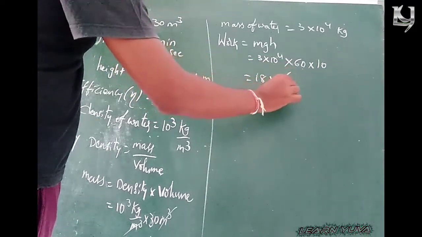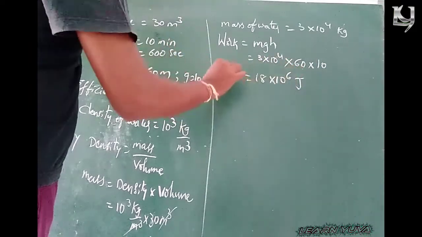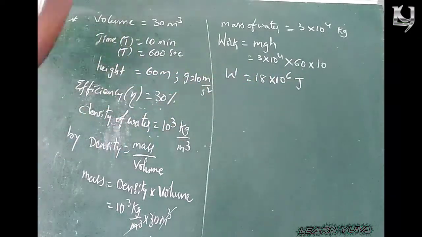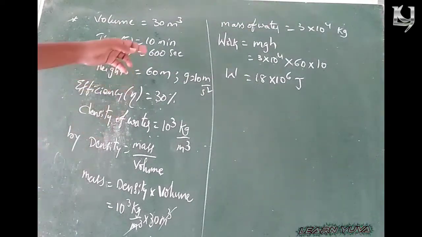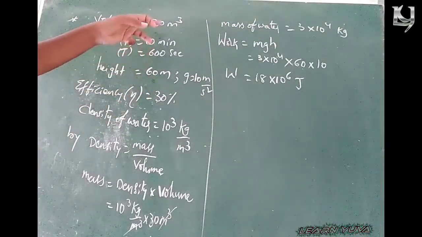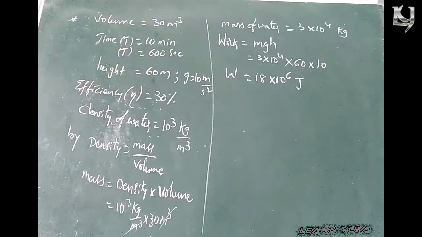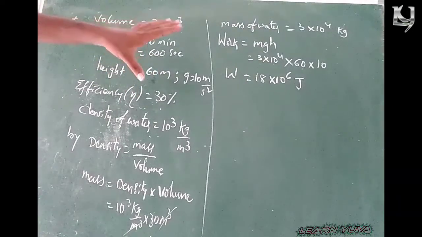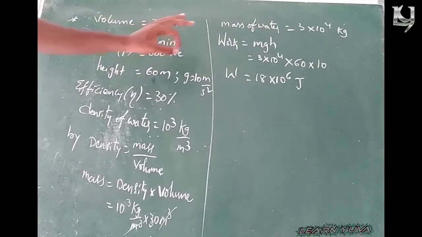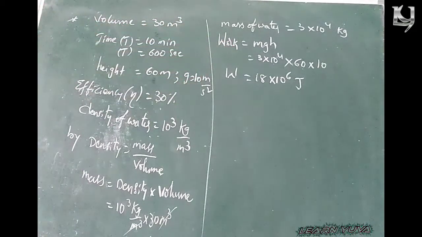So 18 into 10 power 6 joules of work is being done to lift the water of mass 3 into 10 power 4 kg to a height of 60 meters. Right? That is the actual work done of that pump.